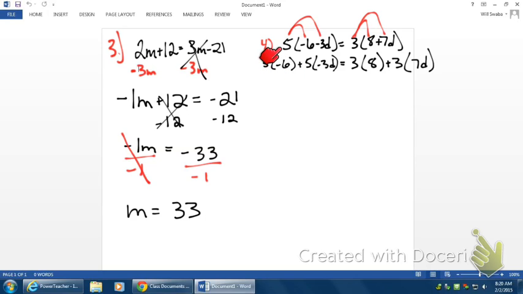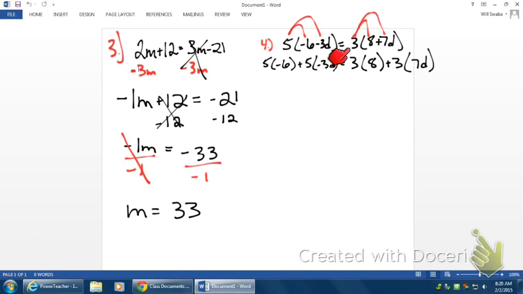Because if the sign in front of this is positive, which it is, you're going to write plus. What would happen if this was a negative 5? What would this change to? Negative. Okay? Same thing for the 3. Notice I had plus 3 right here. Well, that's a positive 3.